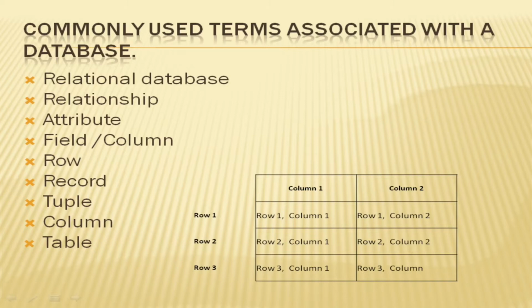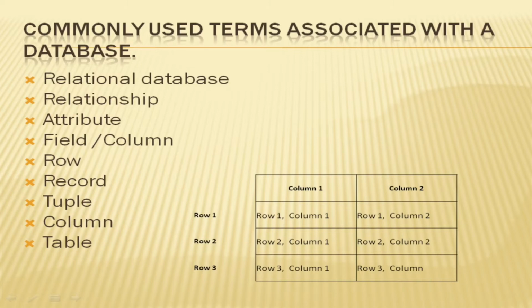Cool, let's move on. Now the next term that you should be aware of is a table, and a table is a collection of records made up of a set of rows and columns. The information you enter into the database will be stored in a table, right? In a relational database, tables are sometimes called relations. Remember that.